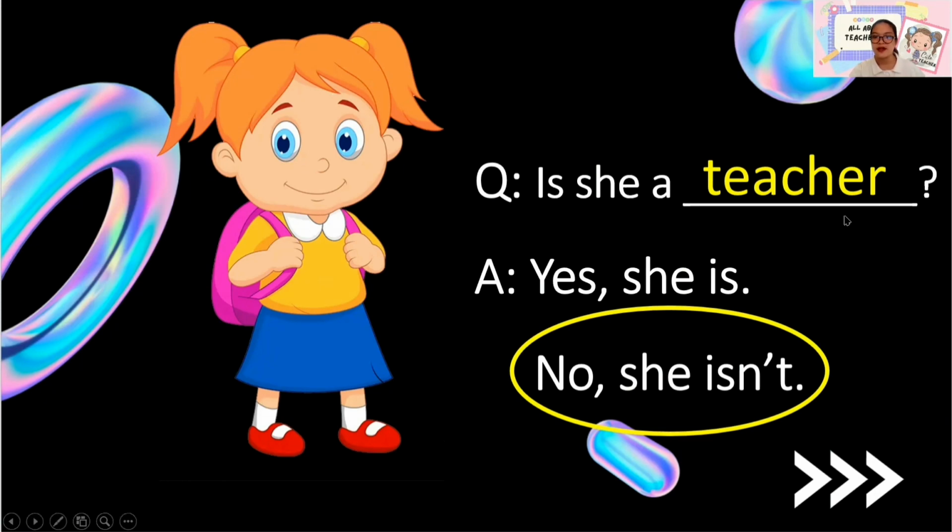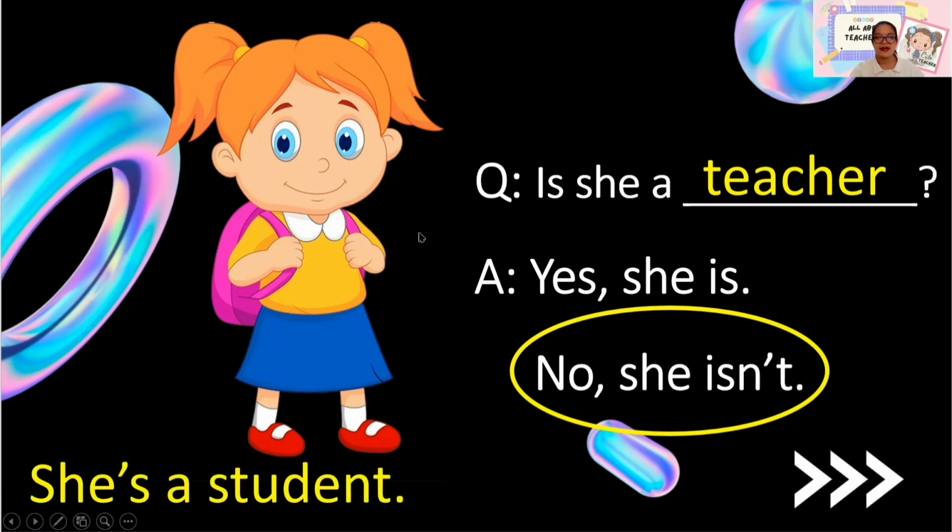So, is she a teacher? Okay, no, she isn't. Why? Who do you think she is? Perfect. She is a student. Okay, so let's read and say this one slowly. Let's begin here.